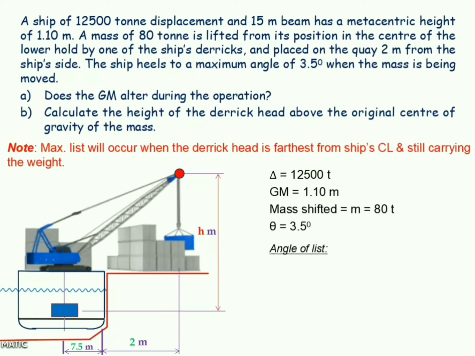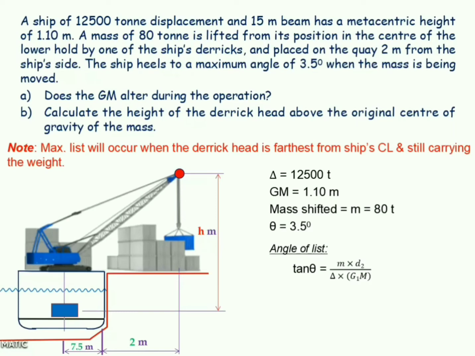Angle of list is given by tan theta is equal to m into d2 divided by delta into G1M, where d2 is the lateral separation between the ship's center line and the point of suspension, which is 7.5 plus 2 meters, and G1M is the effective metacentric height.